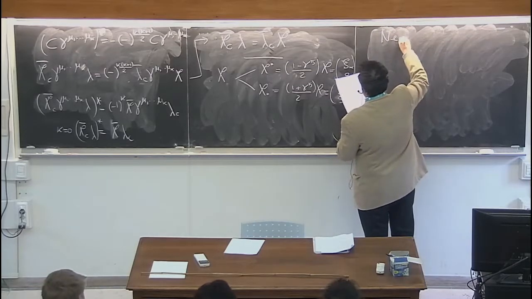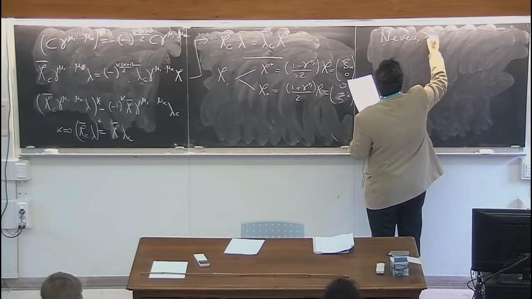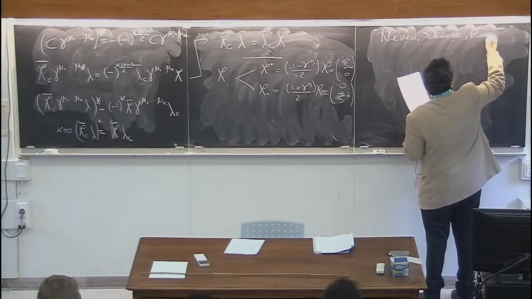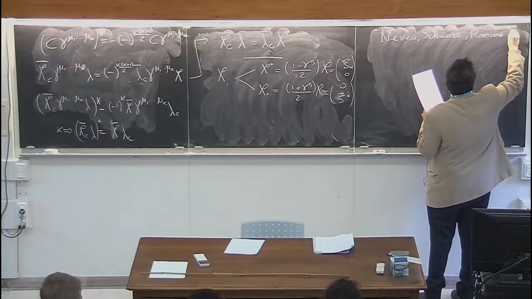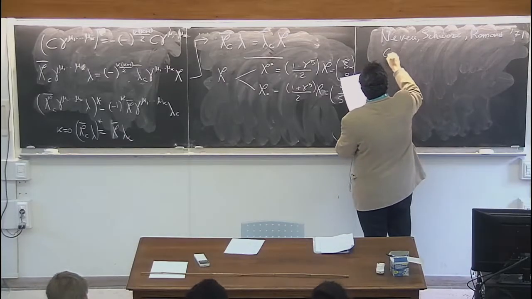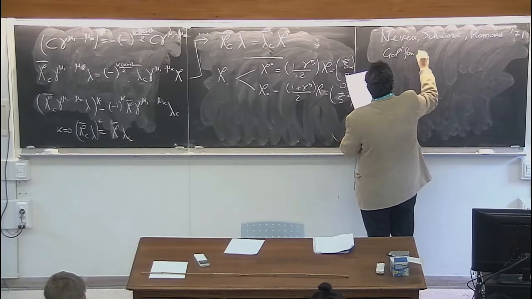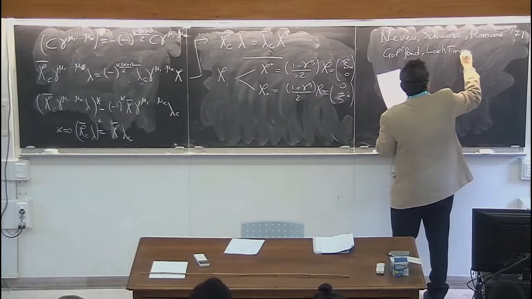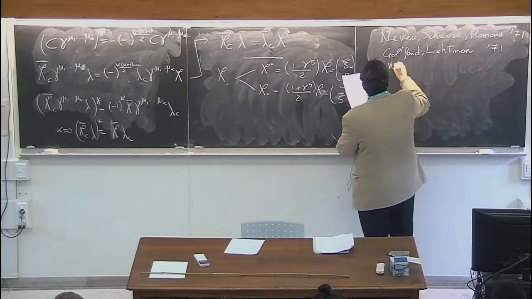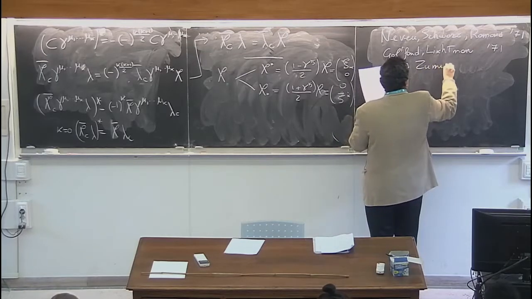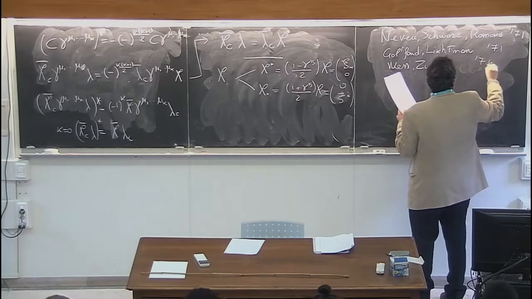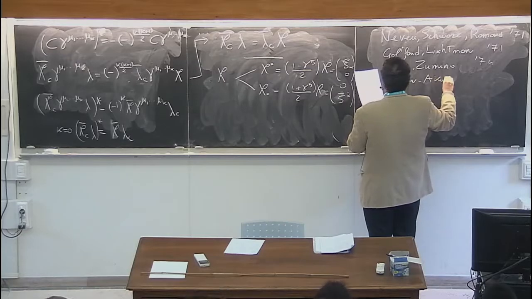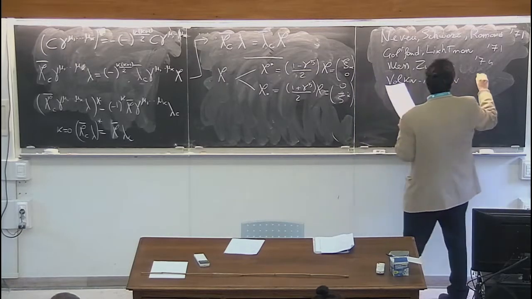Neveu, Schwarz, and Ramond, in 71. Then Gol'fand, Likhtman, in 71, Wess-Zumino in 74, and Volkov, Akulov in 73.